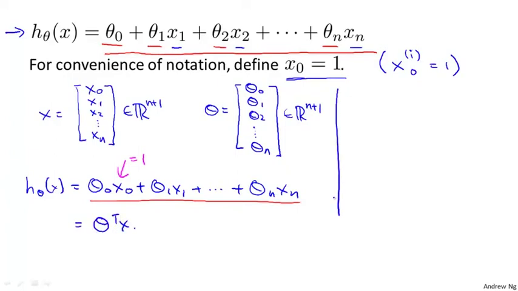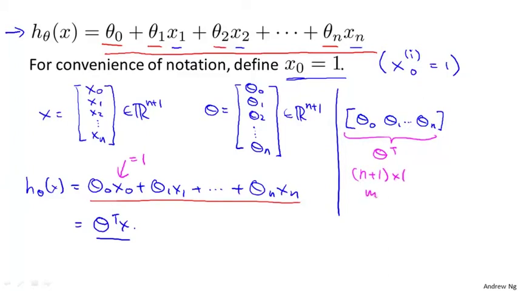Depending on how familiar you are with inner products of vectors, if you write out what theta transpose x is, it is this: theta 0, theta 1 up to theta n. So this thing here is theta transpose, and this is actually an n plus 1 by 1 matrix. It's also called a row vector.